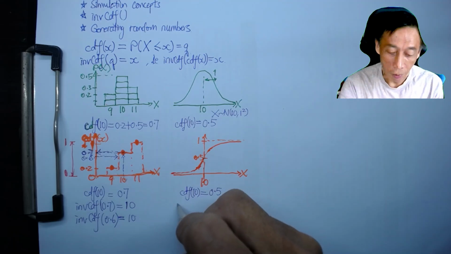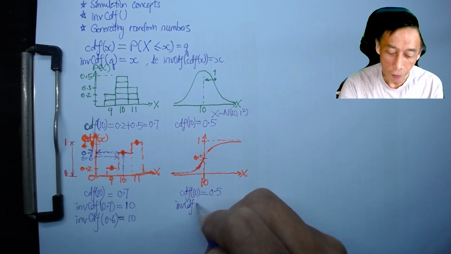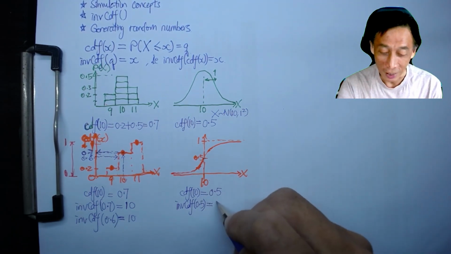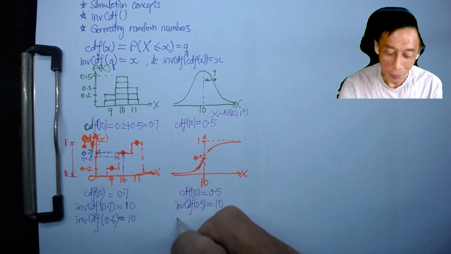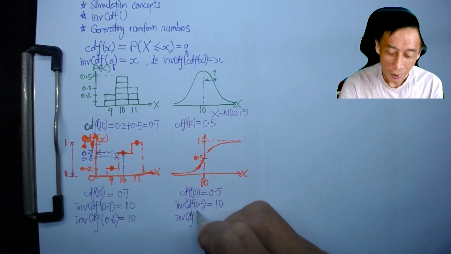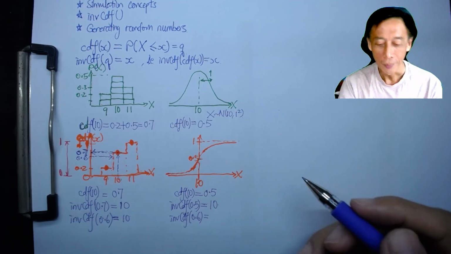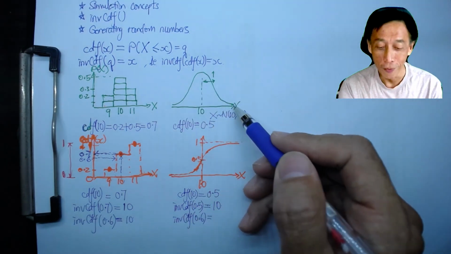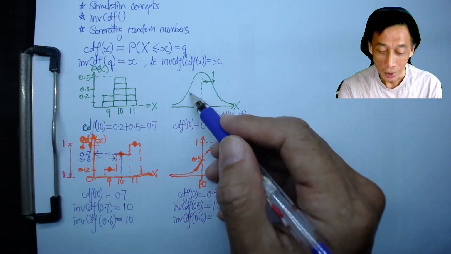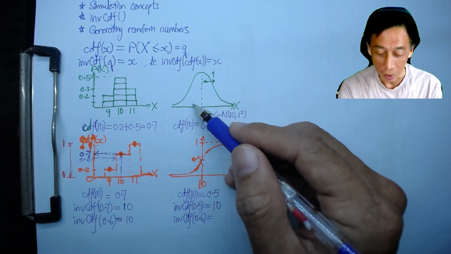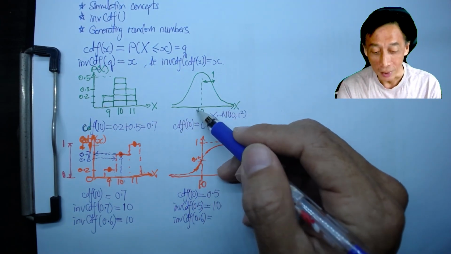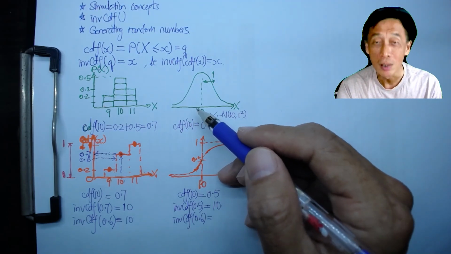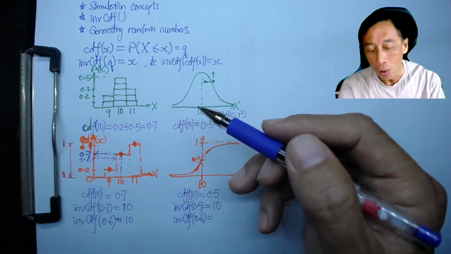So again, same question. If we ask what is the inverse CDF of 0.5, then the answer is 10. But following this, suppose we ask what is the inverse CDF of 0.6? Well, either we integrate the PDF of the normal distribution from -infinity until 9, until 9.1, until 9.2, and then try to interpolate with a trial and error method, or we use software.